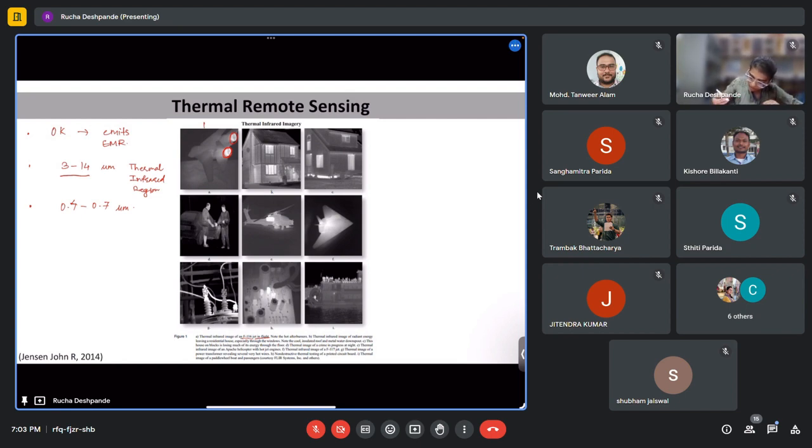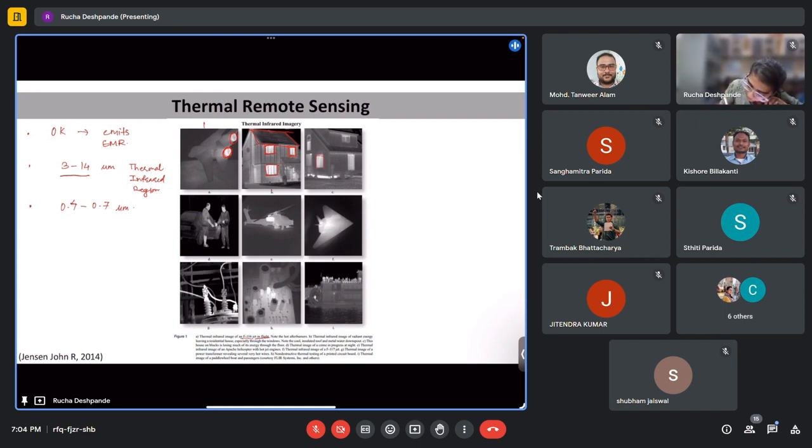In the next image, this is the thermal infrared image of radiant energy from a residential house. Through the windows, we see that the windows appear brighter, and the roof and the rest of the parts appear slightly darker. So it means that higher energy is being emitted through these windows.